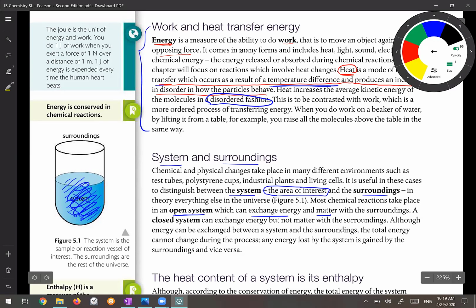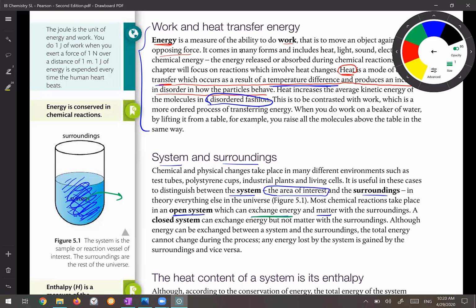So what happened to the energy? Energy is coming out of the system. So we have energy change. And if you touch this test tube, you can feel that it becomes hotter. So this shows that the system has energy change with the surrounding. Your hand here is a surrounding.